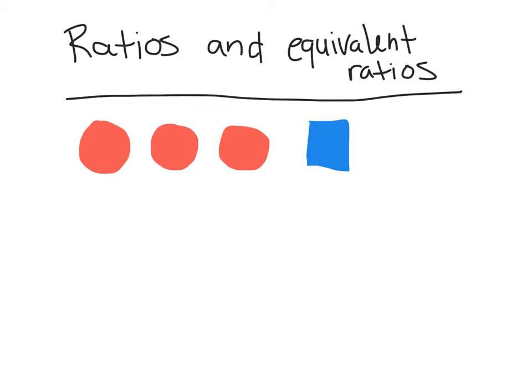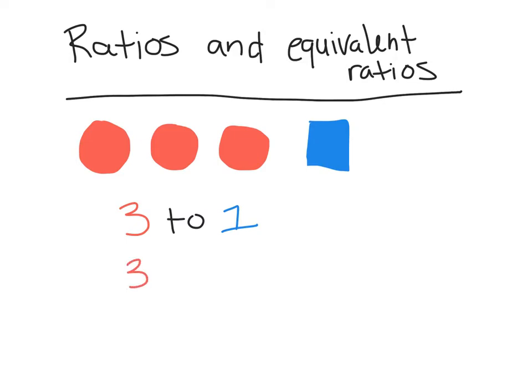So a ratio is just going to compare my amounts, or my quantities, together. And I can write that as 3 to 1.